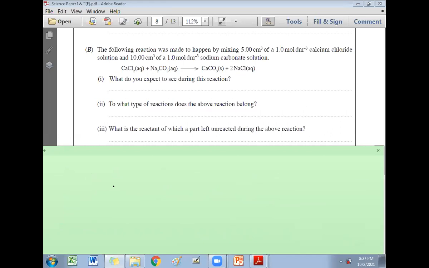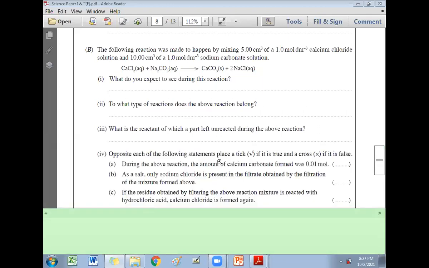Part 4. These questions are really good. Opposite each of the following, place a tick if it is true and cross if it is false.